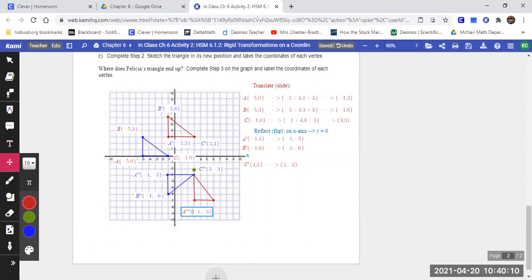Is the A still at -1, -3? No. Where is the A now? 3, -7. Thank you. Okay. B. Is the B still at -1, -6? No. Where did the B move to?